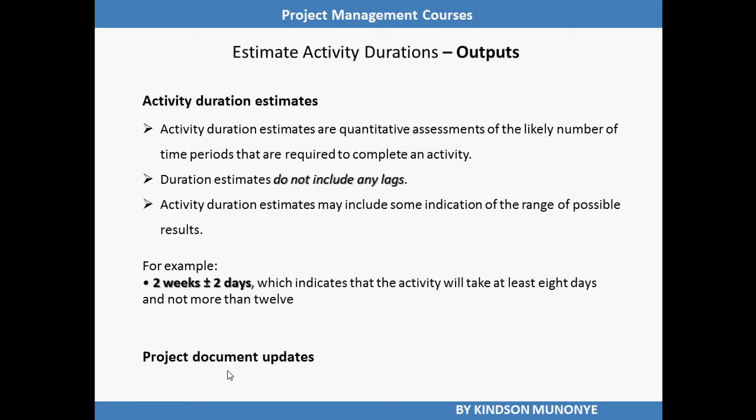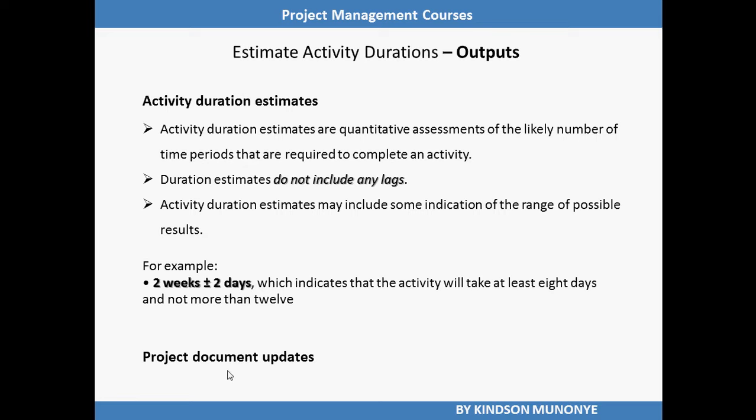Let's now look at the estimate activity duration outputs. We have two outputs, and that is activity duration estimates. Activity duration estimates are quantitative assessments of the likely number of time periods that are required to complete an activity. Duration estimates do not include any lags.